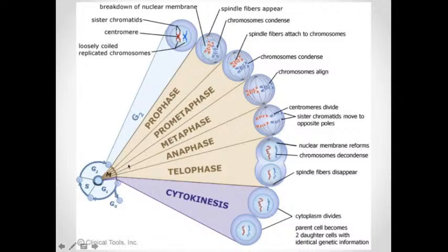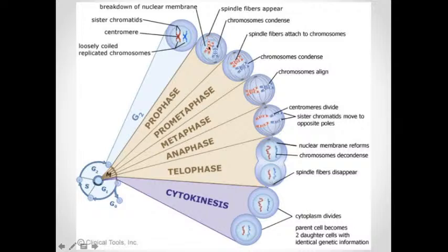So here it is like this. You have your G2 phase here. You have sister chromatids, you have the centromere here in the center, sister chromatids here, and you have loosely coiled replicated chromosomes. What is happening is there is a breakdown of the nuclear membrane.